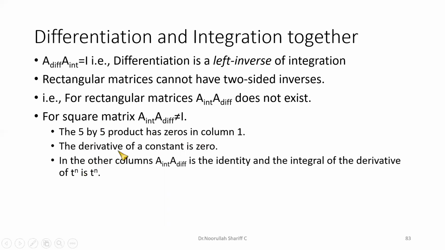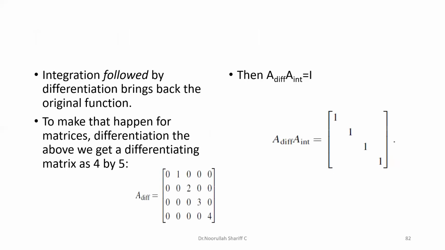That is because the derivative of the constant is 0. So in the other columns, A_int A_diff is the identity, and the integral of the derivative of Tn is Tn. You will get that, but only the missing term will be over here. Hence, we say that for the square matrix, A_int multiplied by A_diff is not equal to I, but in the first column it will be equal to 0.